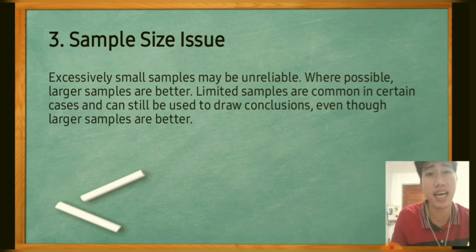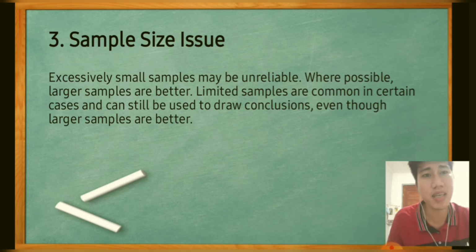Sample size issue: excessively small samples may be unreliable. So it is unreliable if our sample is very small. Where possible, larger samples are better. If it has a larger sample, it has a bigger chance that our sample represents our population.